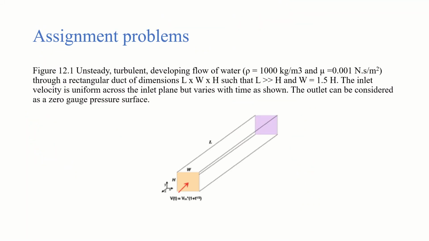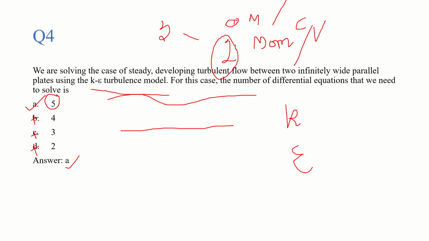So in this week, the number of problems given in the non-graded assignments is only 4. With this we'll wrap up the non-graded assignment problems and start with the assignment problems for week 12.